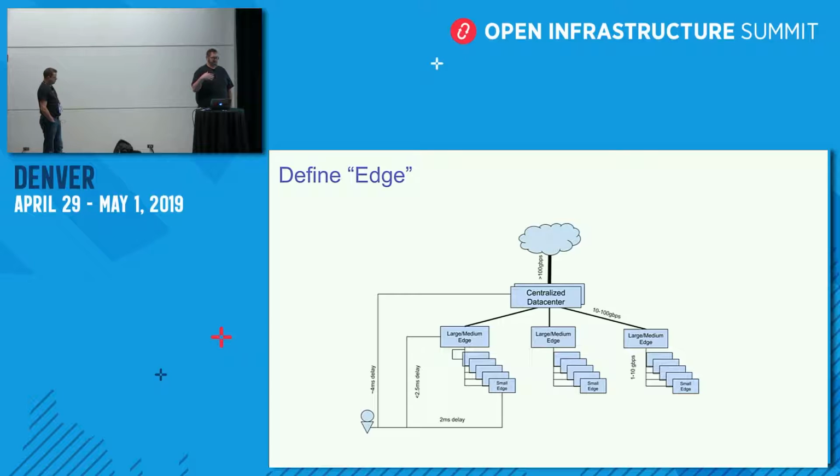You also have a large or medium edge site. Edge is about latency: I want to move the data closer to the consumer. The consumer could be a mobile device, it could be a laptop. CDN is one of the original examples of an Edge use case.